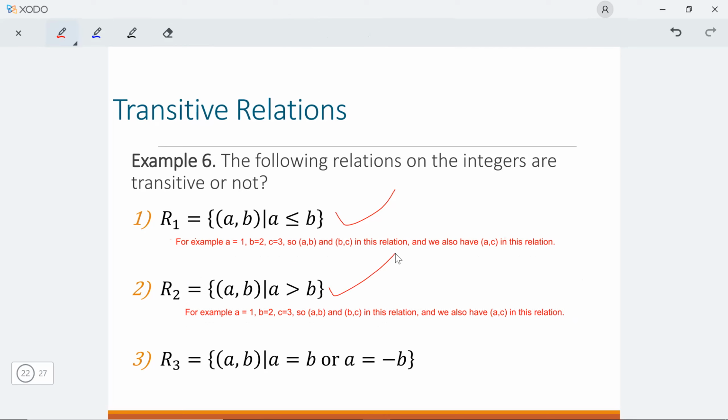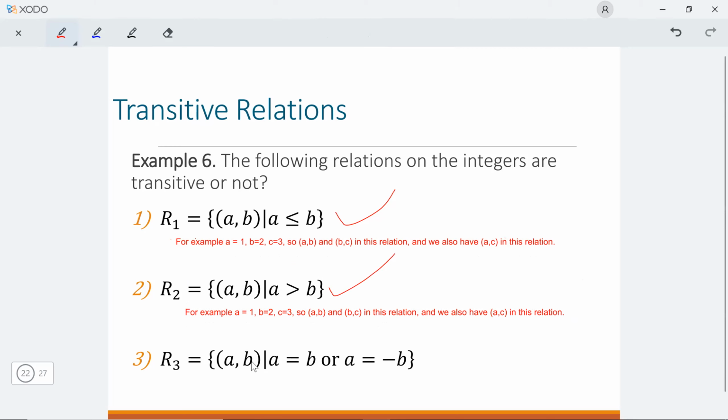And then let's look at the third one. For the third one, we have A equal B or A equal negative B. Here you can think of some pair AB in this relation or BC in the relation.